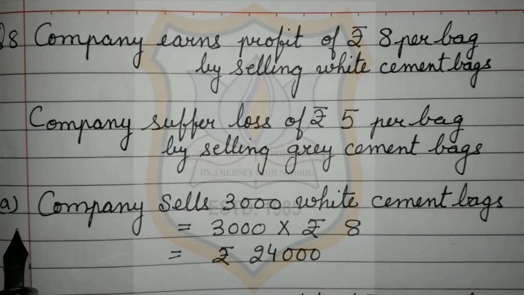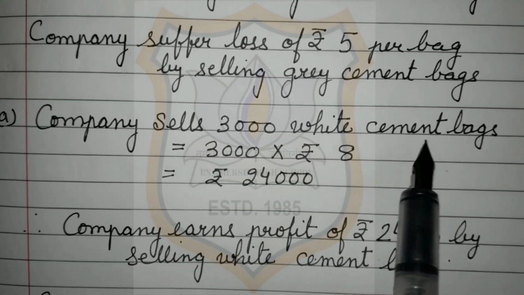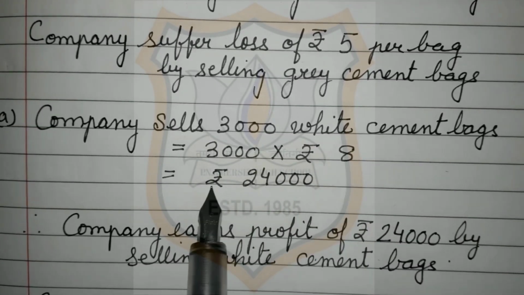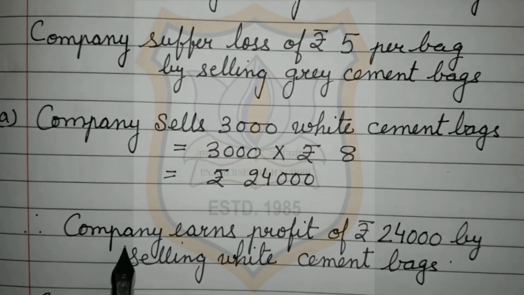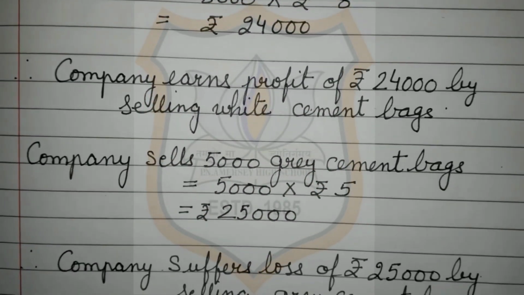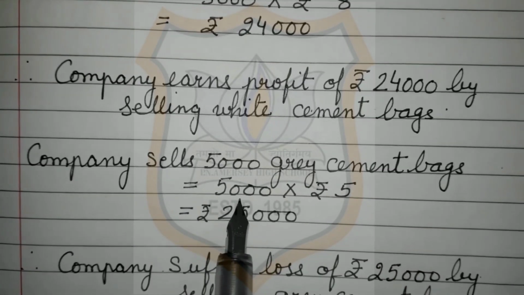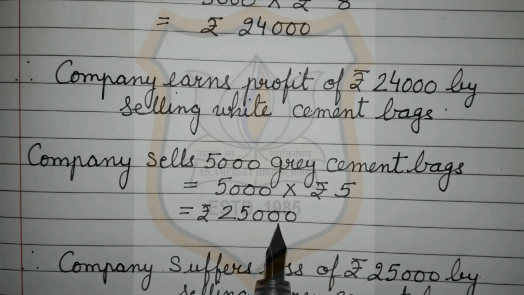Now, A part of question number 8: company sells 3000 white cement bags. That is equal to 3000 into rupees 8, which comes to rupees 24,000. Therefore, company earns profit of rupees 24,000 by selling white cement bags. Now, company sells 5000 grey cement bags. Now, 5000 into rupees 5, answer is 25,000.